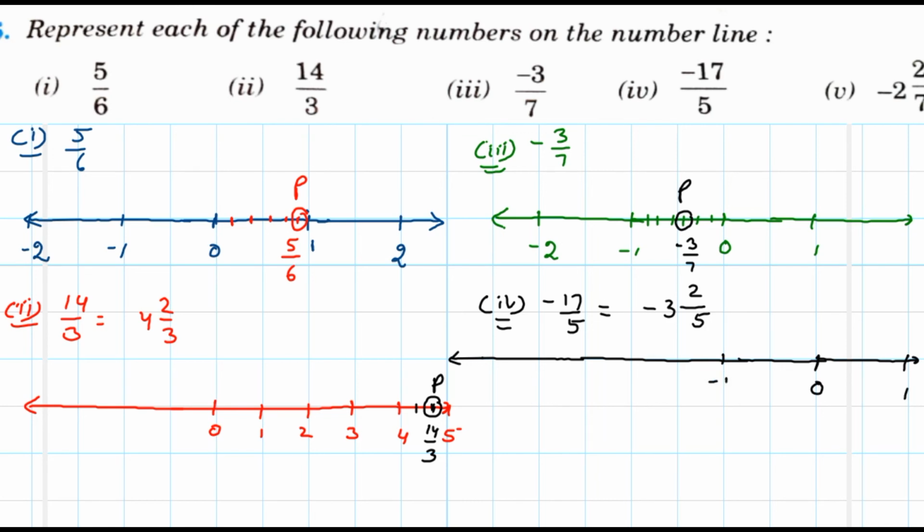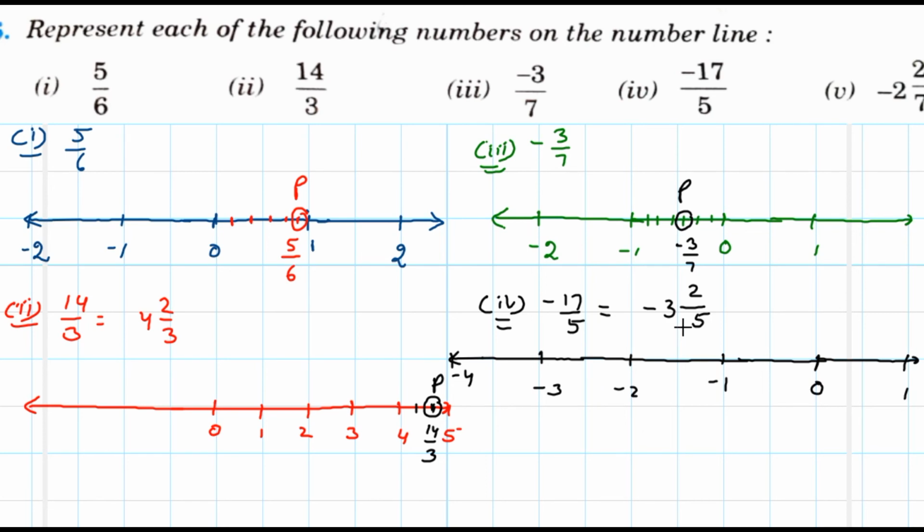So I will write minus 1, minus 2, minus 3 and minus 4 here, right? So now I will make divisions. 3 are complete, 2 upon 5 are the further points, right?